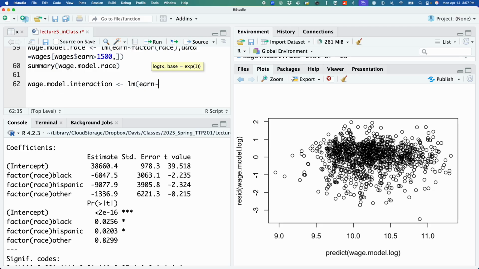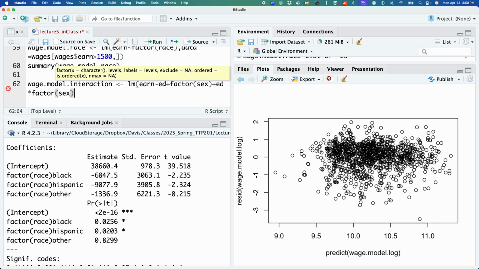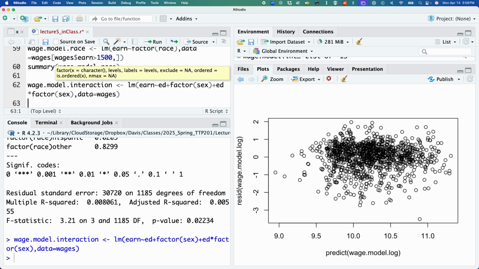Earnings on education plus factor sex plus, oh, how do I do this again? Is it colon or just, I think I can just do times, right? Data equals wages. We'll see if this works. Okay, summary, wage model interaction.